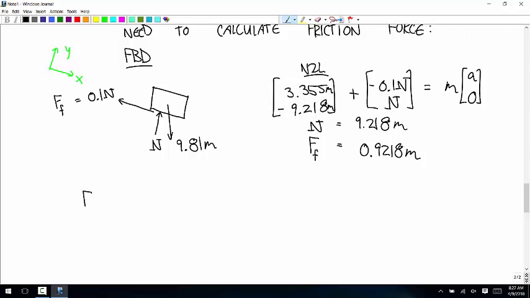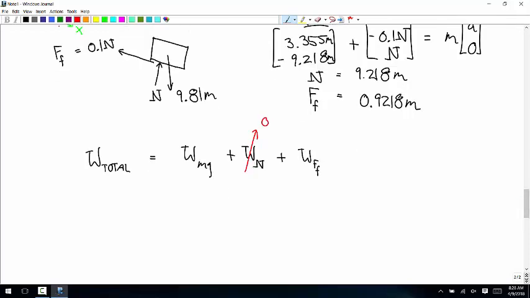So the total work is equal to the work done by the weight plus the work done by the normal force plus the work done by the friction. And even with friction, no matter what, the normal force's work is equal to 0. So we just have to deal with these two.